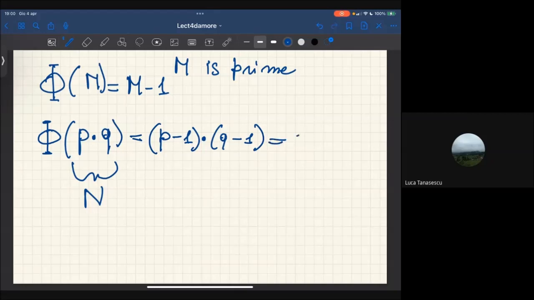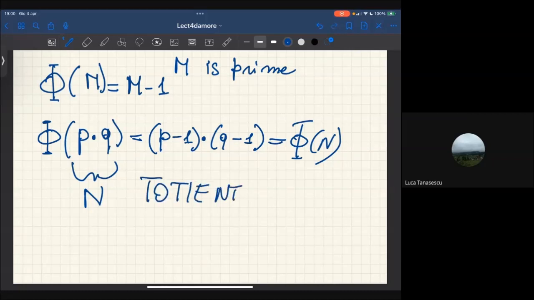And this is denoted by phi of n. So just remember that we have this special number called the totient function, that is getting from a starting number a new number that has a particular meaning based on prime numbers, greatest common divisor, and so on.